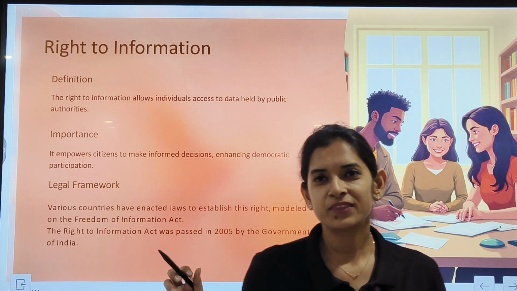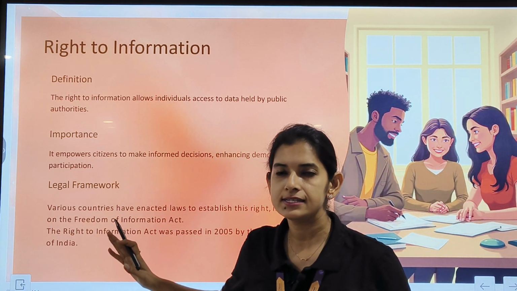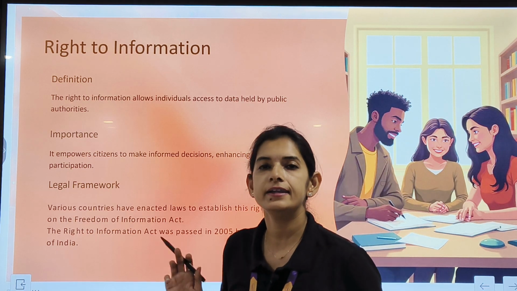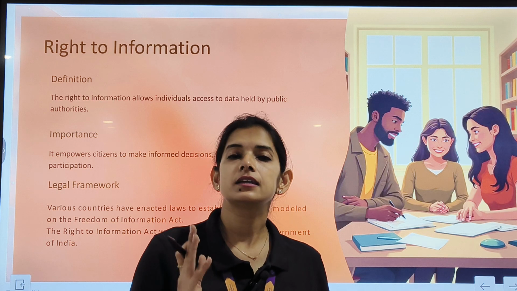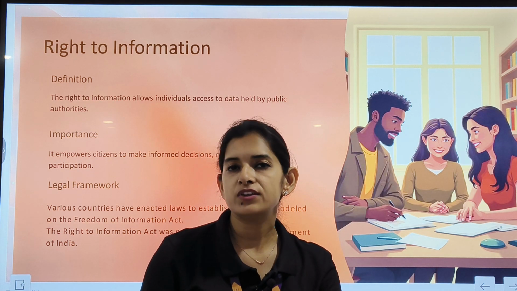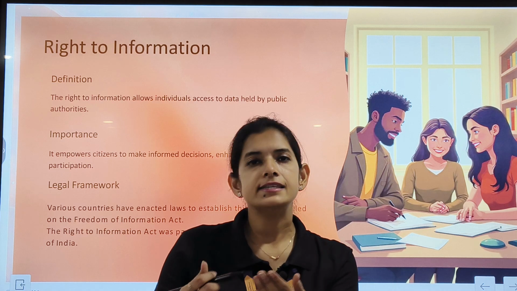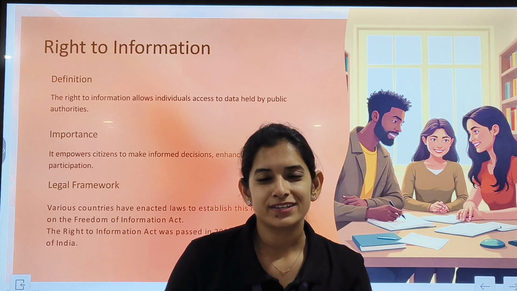Clear till here? So, right to information is that right which is given to all the citizens. It empowers the citizens, as it gives them the right that they can question or inquire of the governmental authorities related to different matters in which they are involved. Clear?